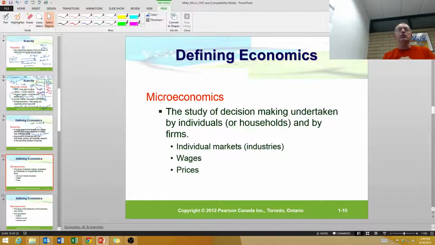Okay, so the book only draws the distinction between two branches of economics, micro and macro. I'm going to bring four fields of economics to your attention, and each of these has a number of sub-disciplines that we're not going to get into, because economics, having been around for a couple hundred years, has lots and lots of branches and sub-branches.